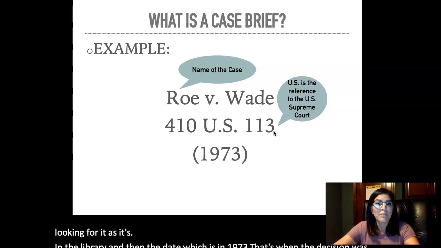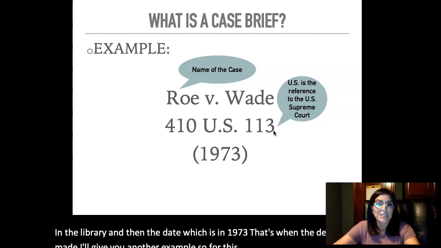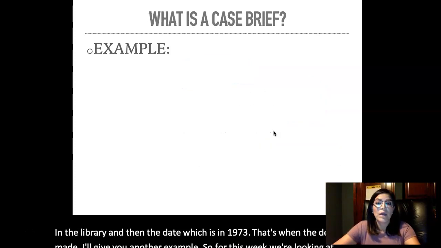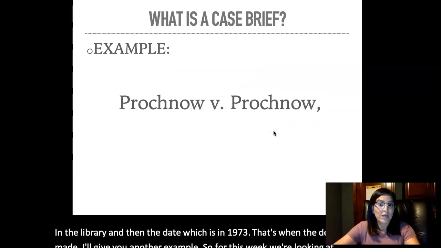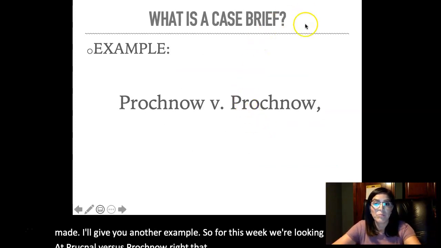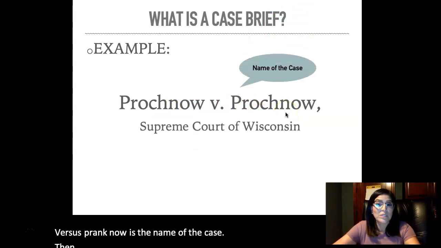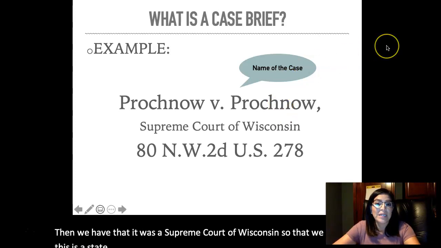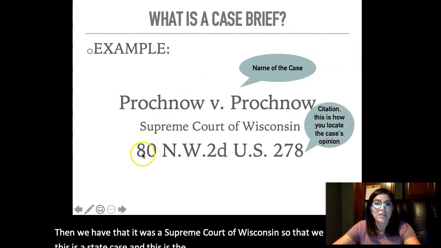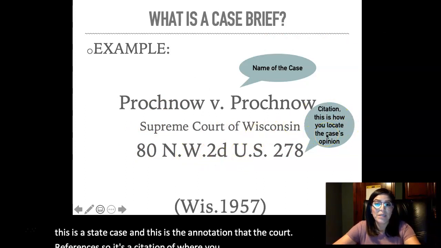I'll give you another example. For this week, we're looking at Prochnow versus Prochnow, right? Prochnow versus Prochnow is the name of the case. Then we have that it was the Supreme Court of Wisconsin, so we know that this is a state case. And this is the annotation that the court references, so it's a citation of where you can locate the opinion.